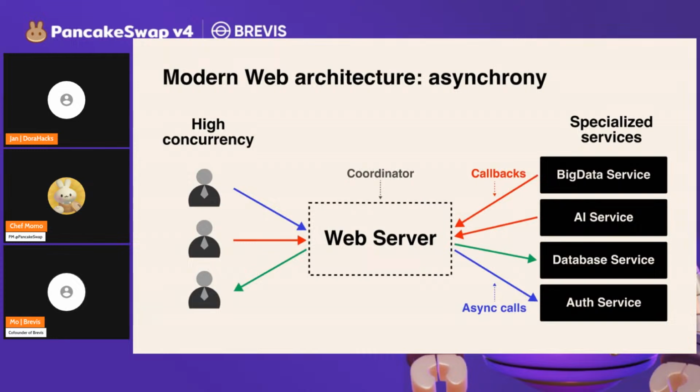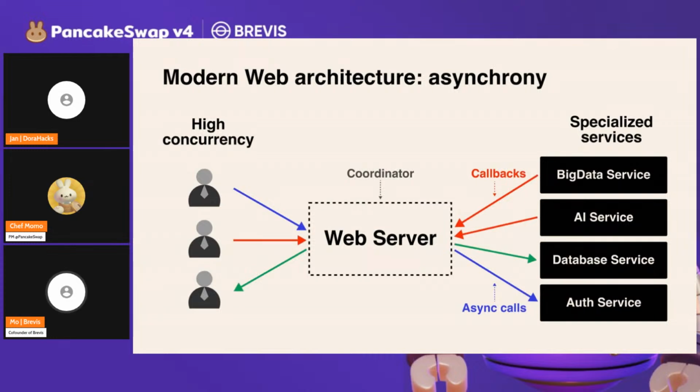So the concept of modular design and asynchronous design is very simple: let's treat the web server as a very, very thin piece of software that just acts as a coordinator and hosts some very core logic of the web serving logic. But let's put a lot of business logic away from this single coordination point. Say you want to do big data services, AI inference, database services, authentication, all of that, let's put all of those in specialized back-end service components.